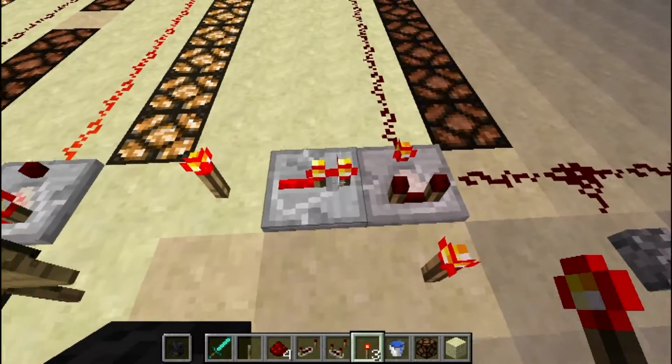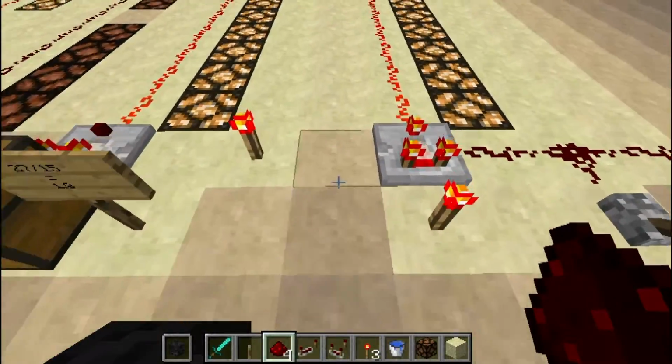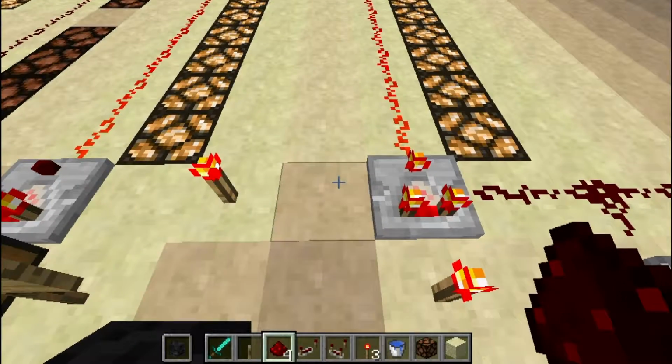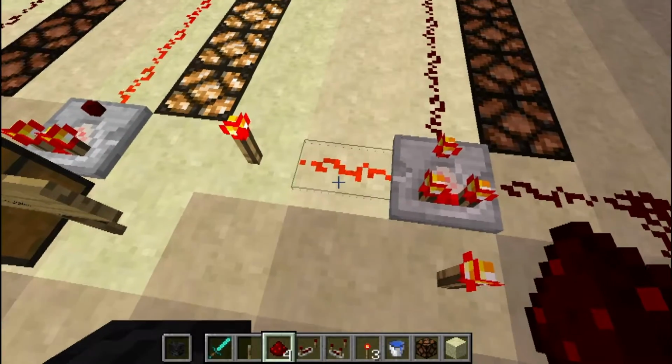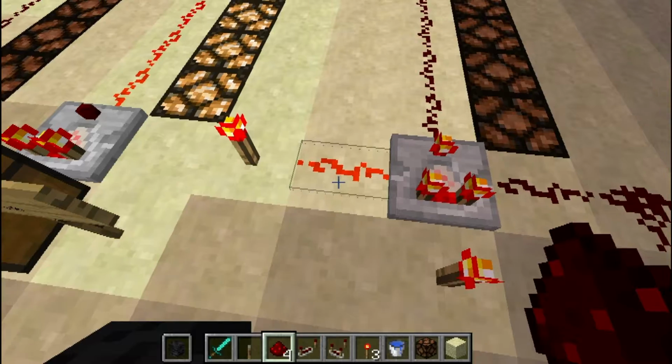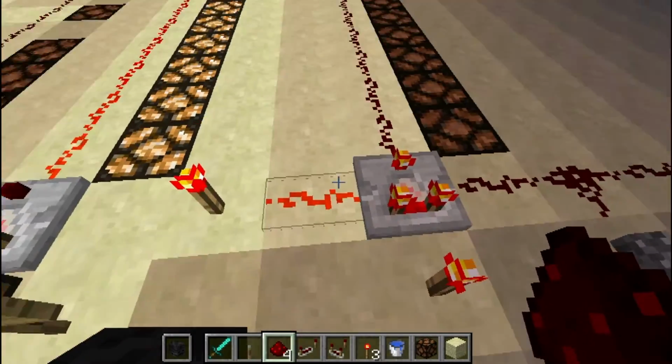Okay? And then you get a full force of 15 when there's nothing on the side. So let's move on. 15 is copied onto this redstone line, which becomes 15, and so it's 15 minus 15 equals 0.